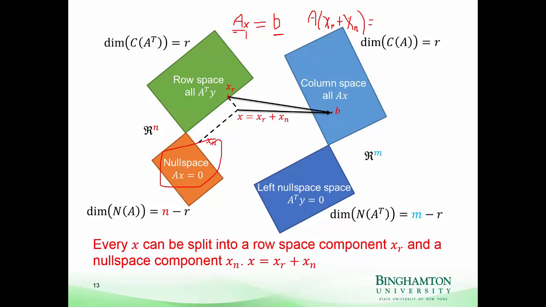Null space. So A times xn is 0. So this is just A times xr. We've done this little series of computations before. So A times xr gives us b, but so do other ones. Any x that is xr plus some other vector. So there will be lots of other ones. We can stick with our drawing here and say anything that maps back to this xr will map to the same b.